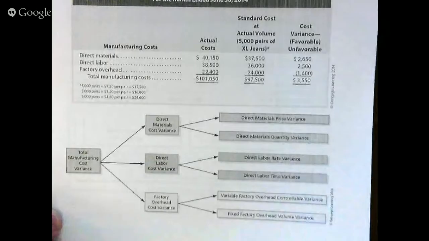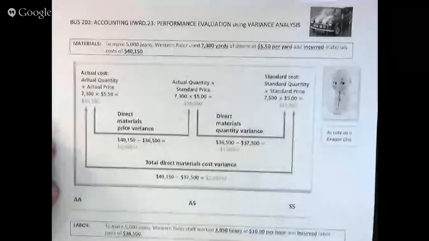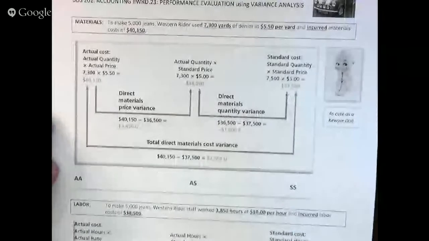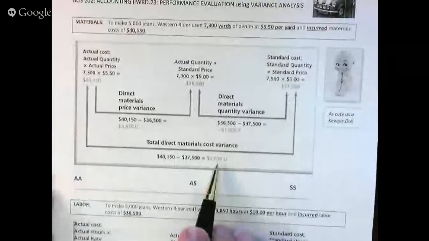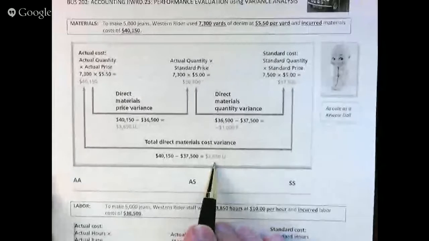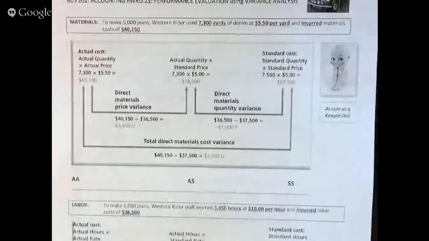Okay, so let's look at how we could dissect some of the unfavorable $2,650 materials variance that comes about. And this is using the schematic that the text uses inside the chapters. So to summarize the scenario, the company actually made jeans.